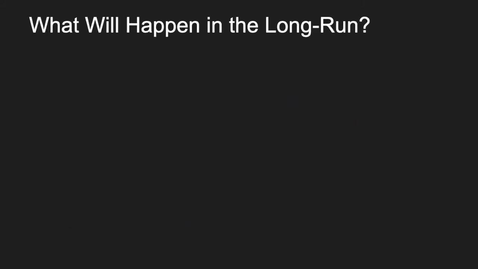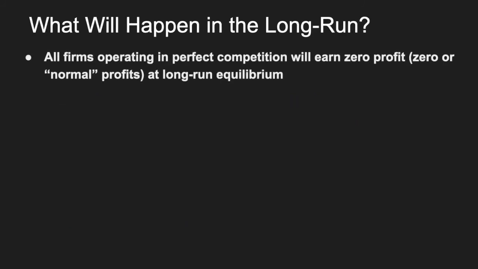However, what happens in the long run kind of depends on what sort of industry we're talking about, right? We know one thing, the firms that are still there in the long run are earning zero profit. That's guaranteed. The firms that are still operating in the long run earn normal profits, zero profit, okay?